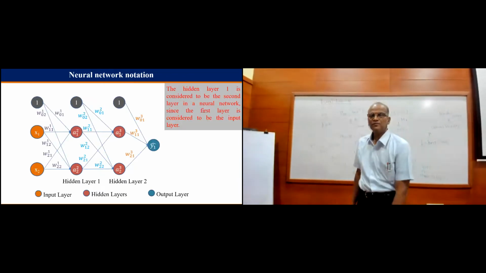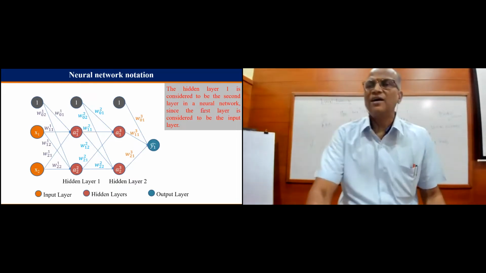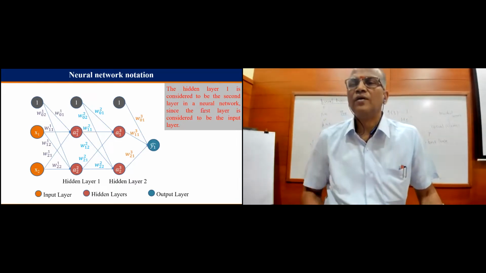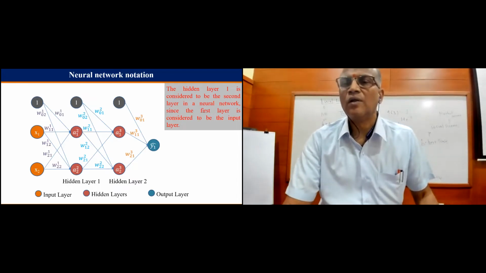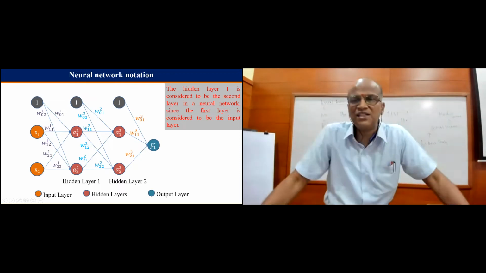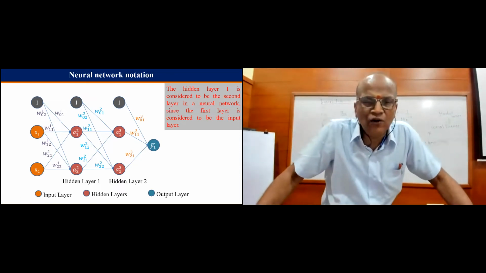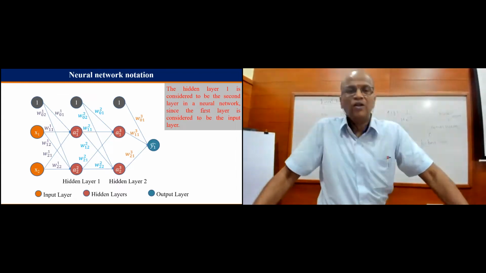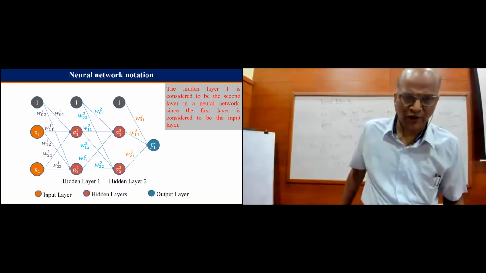All right. Now, the hidden layer. Hidden layer 1 is considered to be the second layer in a neural network, since the first layer is always considered to be the input layer.